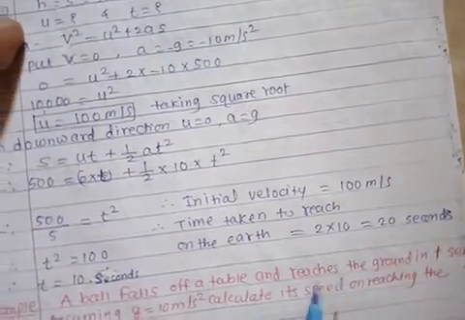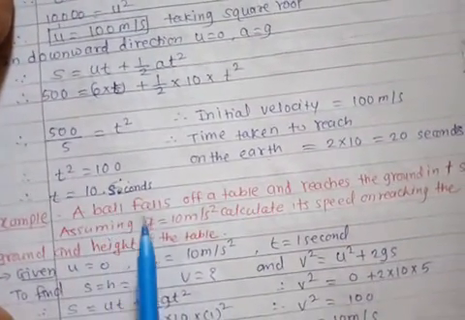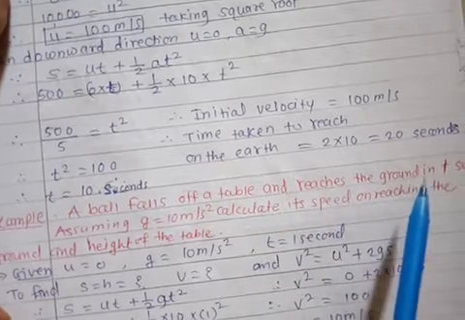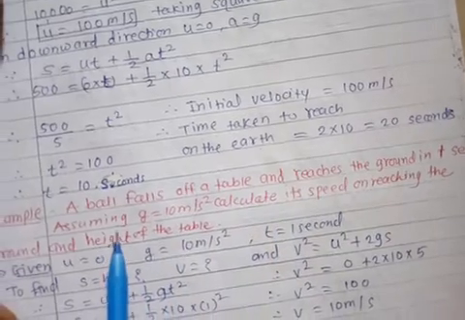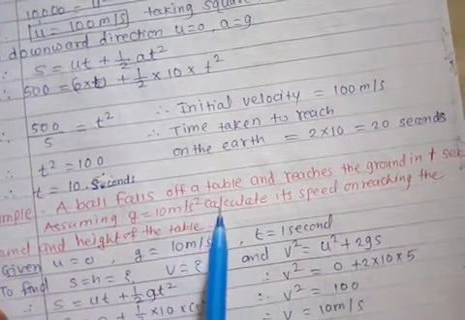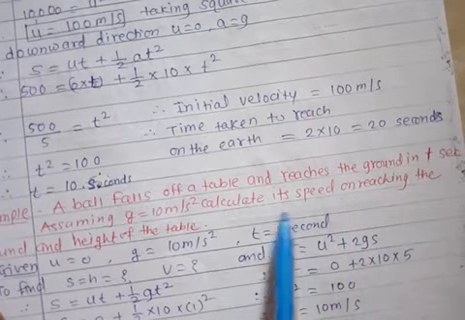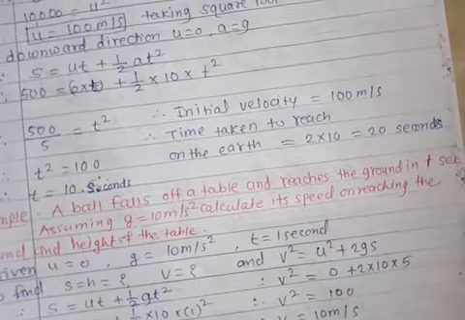That is the example. Third example: a ball falls off a table and reaches the ground in 1 second. Assuming that g equals 10 meter per second squared, calculate its speed on reaching the ground and the height of the table.